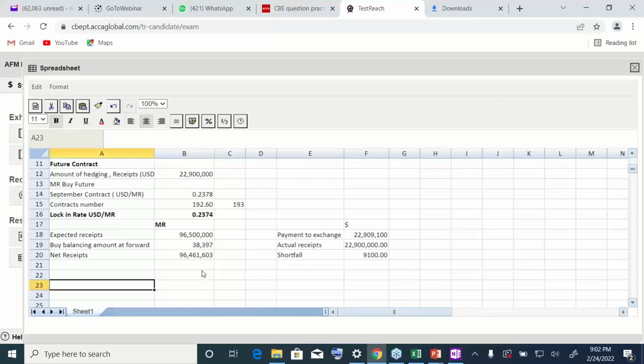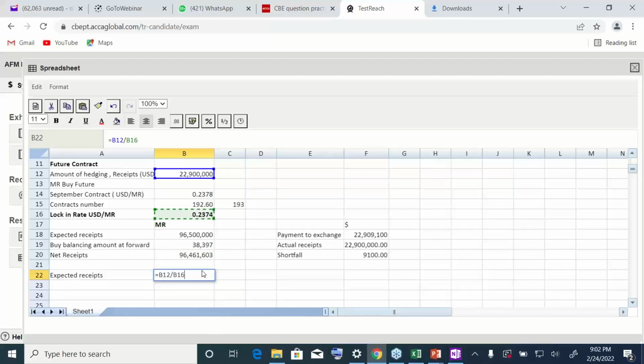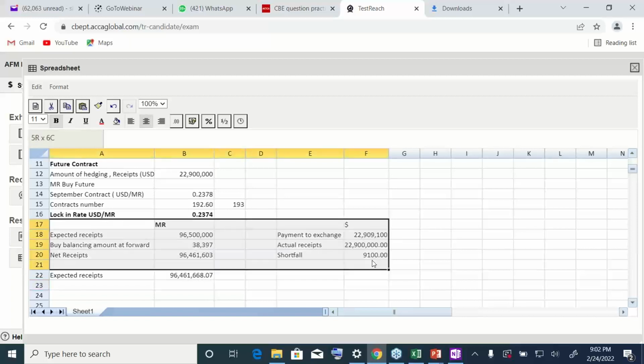You simply have to solve in this way. Expected receipt, convert the foreign currency at the lock-in rate. That's it. 96.46 million. You do not have to solve all of these steps.